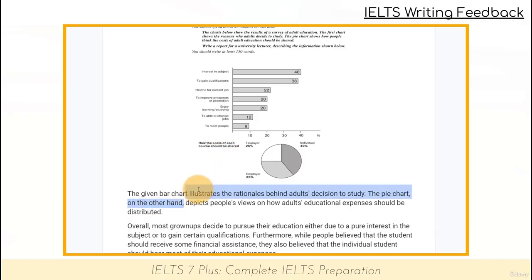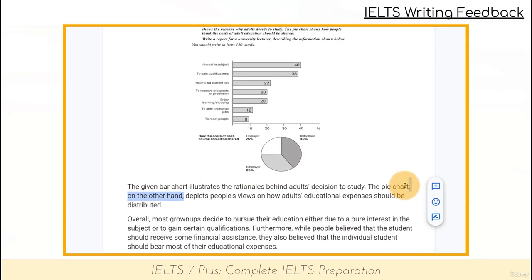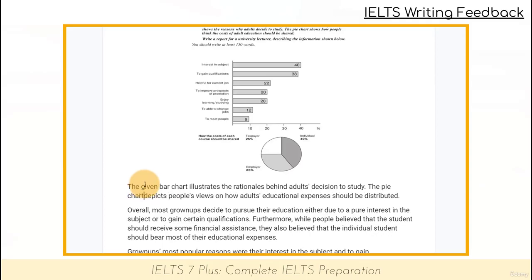It actually is a nice way to use commas to separate this phrase here, which is great grammatically. But to be honest, I would probably take that out. I don't think you really need this because on the other hand, yeah, okay, the pie chart is different. So we're using on the other hand to show a difference between pie chart and bar chart.